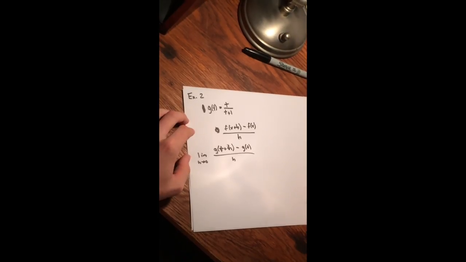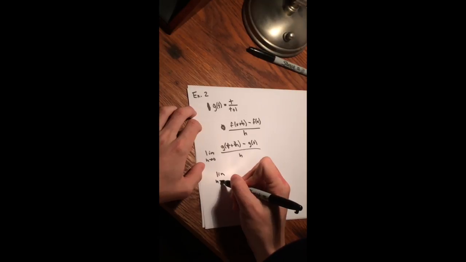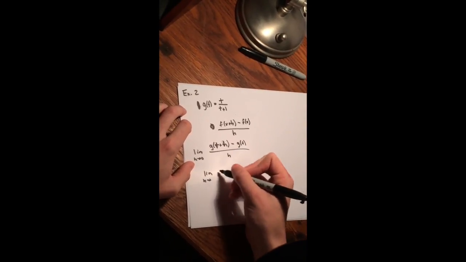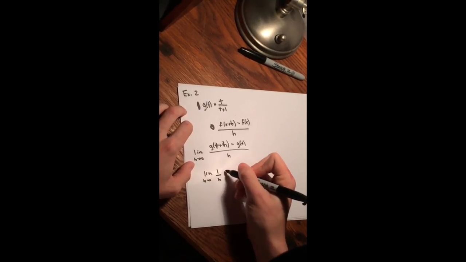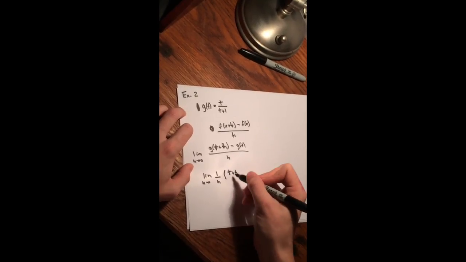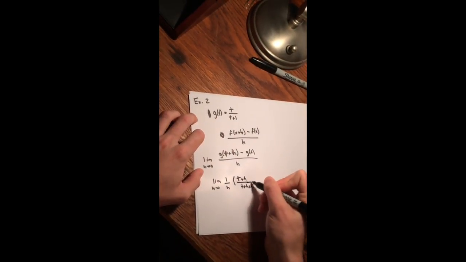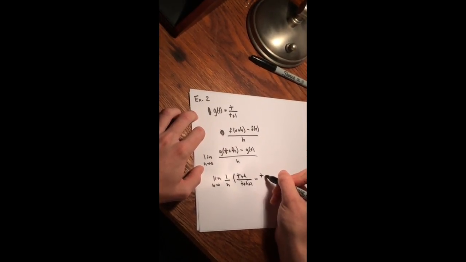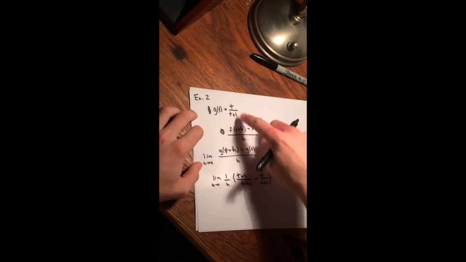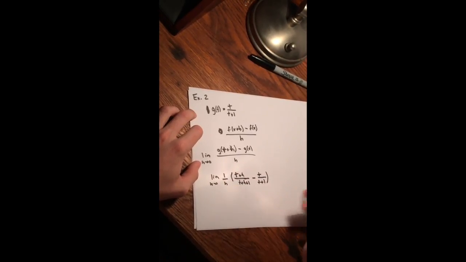So here we will begin to plug in numbers, and bear with me, this is kind of a long equation. First we will bring the h to the top, so it will be 1 over h times t plus h over t plus h plus 1, minus t over t plus 1. So here we plugged in to this equation and got that after we brought the h up from the bottom.